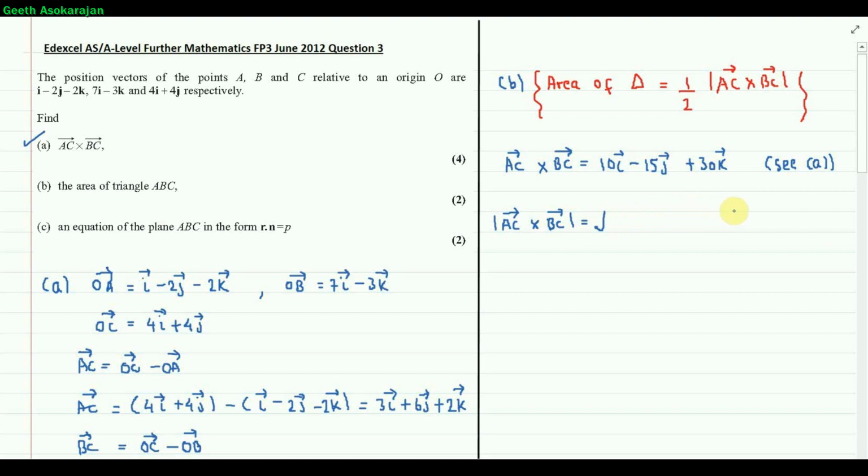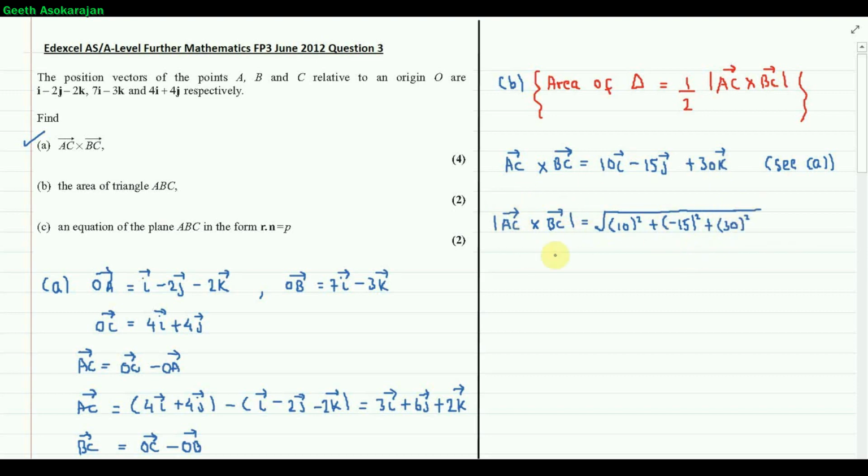So it's the square root of the coefficient of i, which is 10 squared, plus the coefficient of j, which is minus 15 squared, plus the coefficient of k, which is 30 squared.